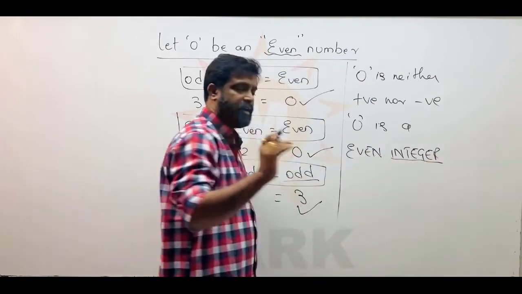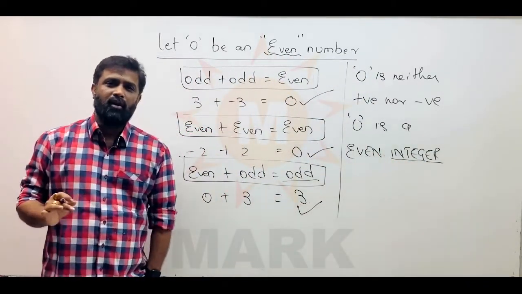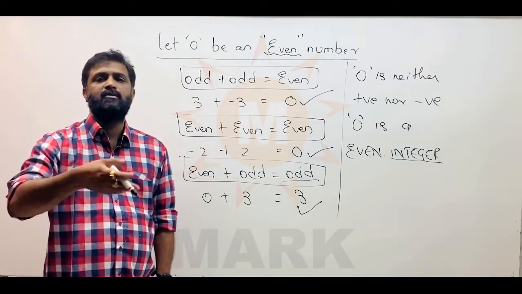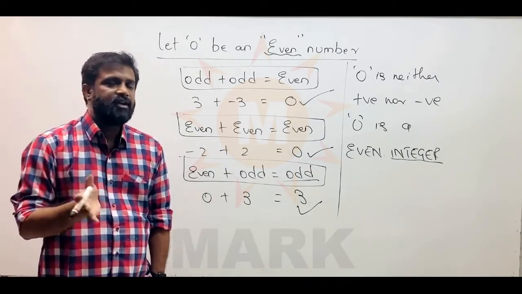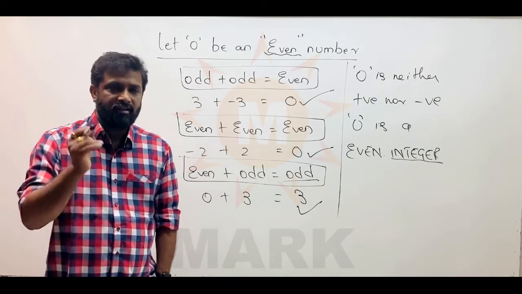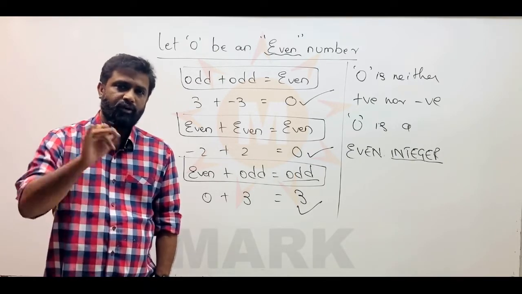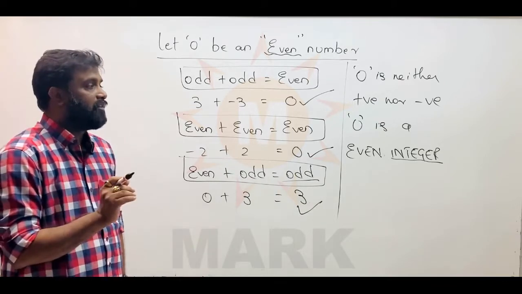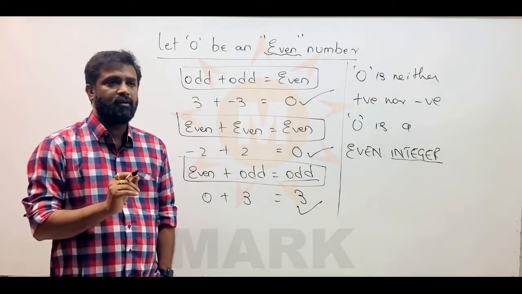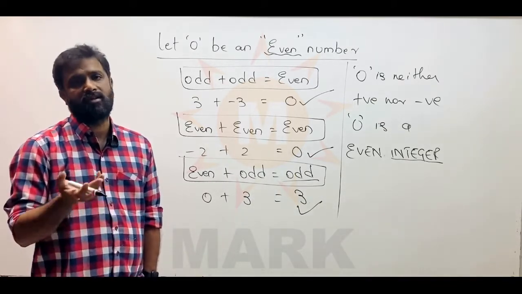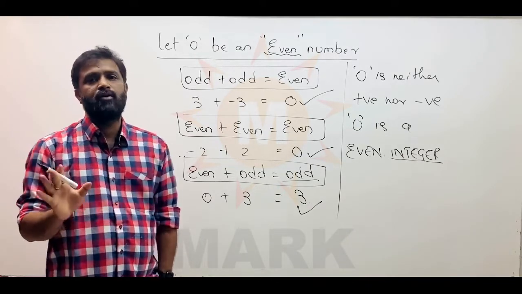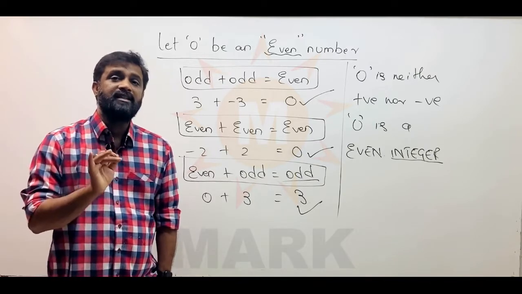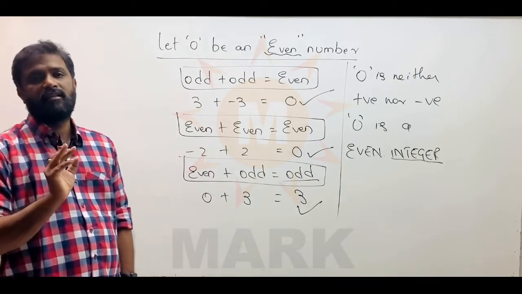It is better not to use the word number, because when you say number in general, people will assume it as a natural number. 0 does not come in the natural number family; 0 comes in the whole number family. When 0 is added, natural numbers are extended to whole numbers. So whenever you talk about 0, it is better to talk about the even status or odd status of 0. So better not to use the word number. You should say 0 is neither positive nor negative, 0 is an even integer, like that you should say.